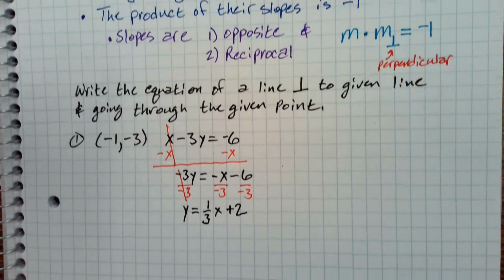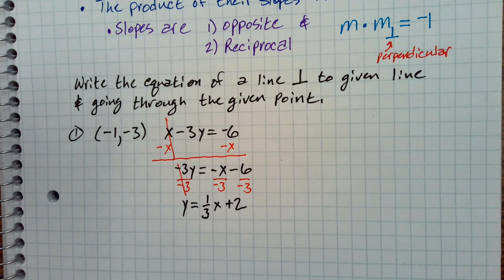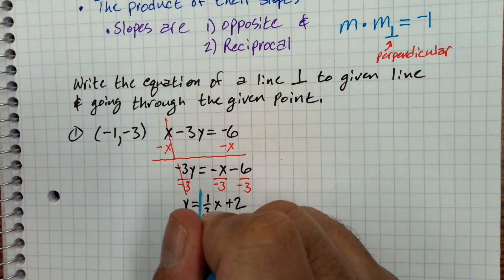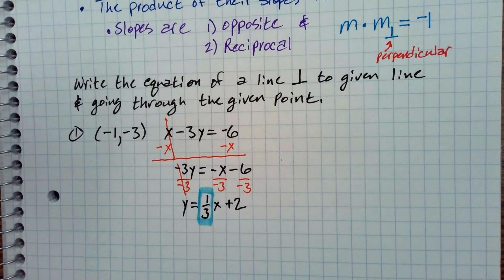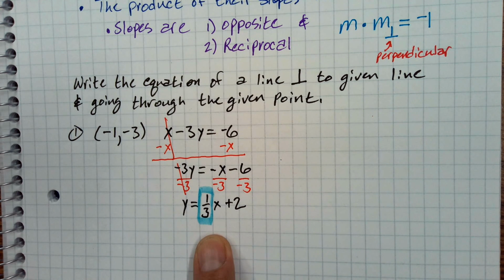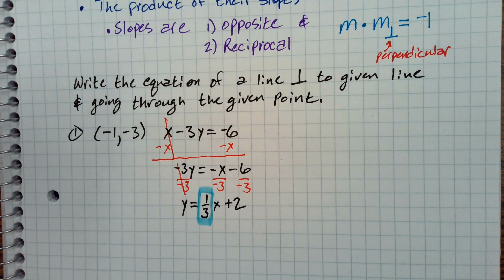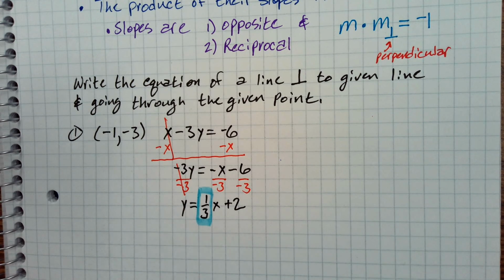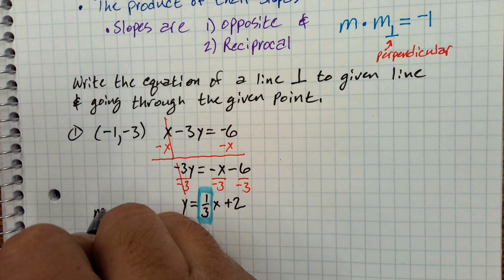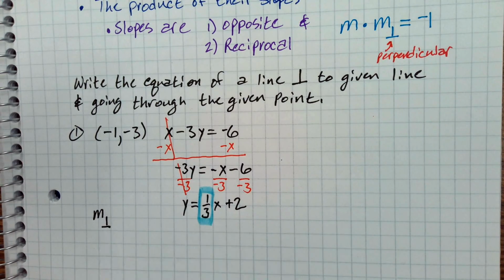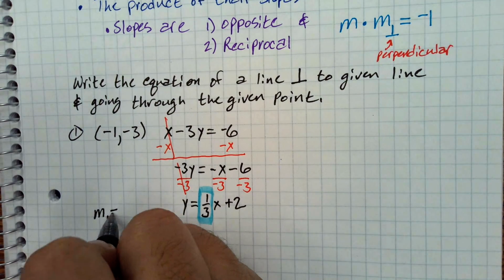And we did all that work to get what piece of information from this? The slope. We're hunting for this slope. Yeah, so the slope for this one is 1/3. So what we're looking for is the slope, usually we write it this way, m perpendicular.